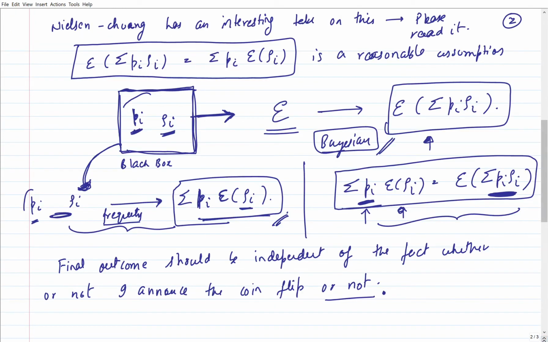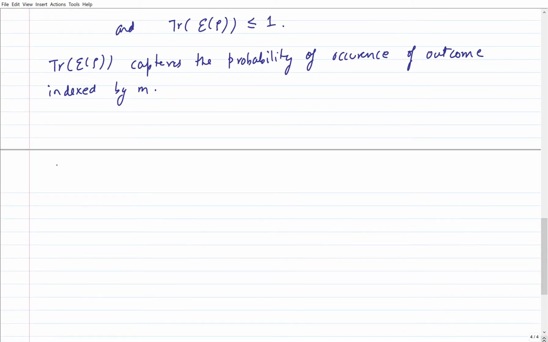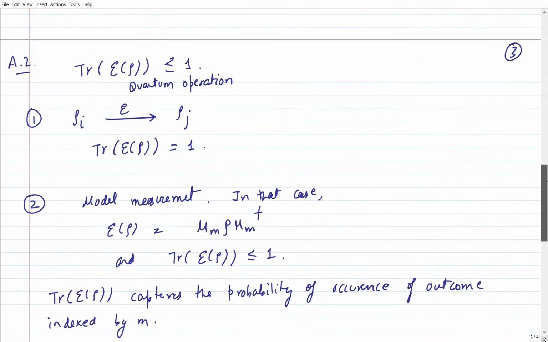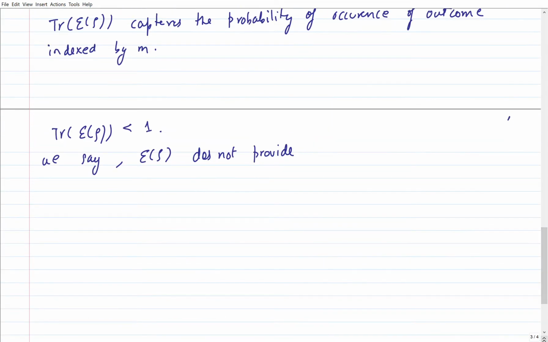It is also, I think, worthwhile mentioning that when I have a trace of E of rho less than 1, we say the quantum operation E of rho does not provide the complete description of the quantum process. There's something more remaining.